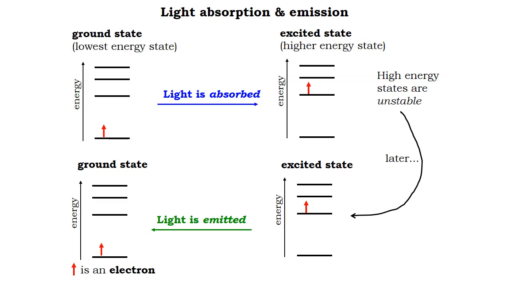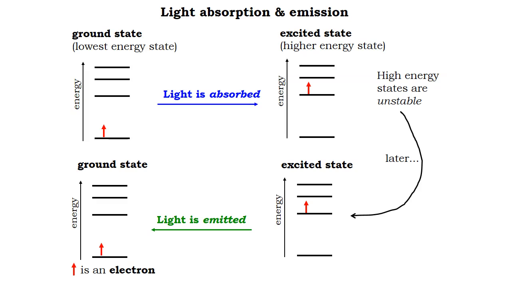Okay, so light is absorbed and it gets promoted from a ground state to an excited state, which is unstable and will fall back to the ground state. And when it does that, it emits light at the same time. So when you see emission spectra, what you're seeing is the matter going back to the ground state and giving off light.